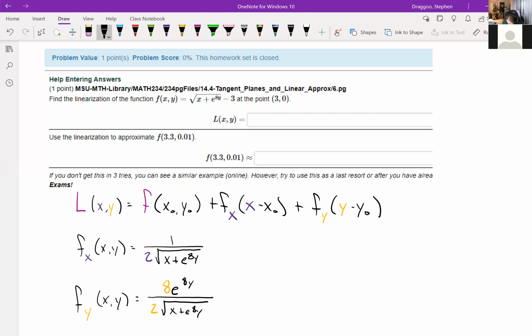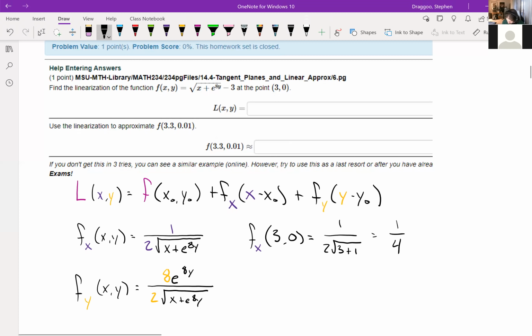I should probably also find f partial x at 3, 0, which just means plugging in some numbers over here. So this will be 1/2 times the square root of 3 plus 1, which will simplify to 1/4. I'll also want f partial y.